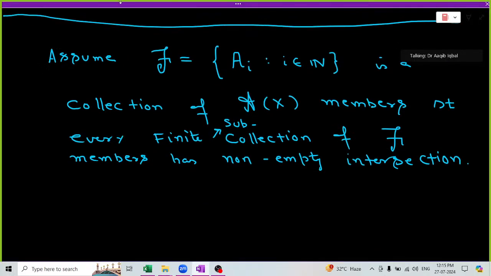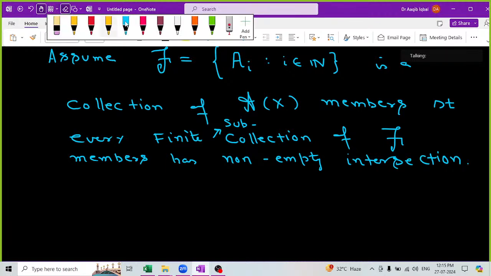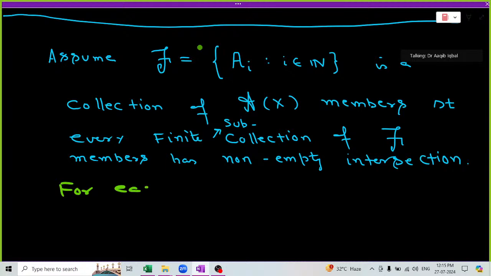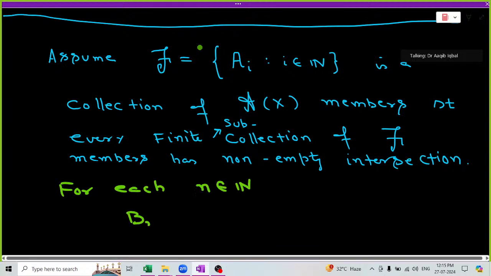अब आप क्या करिए इसके बाद, for each n in the set of natural numbers, you define Bn like this. You define Bn as intersection i runs from 1 to n A sub i.